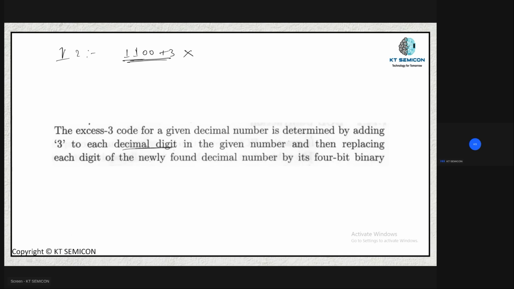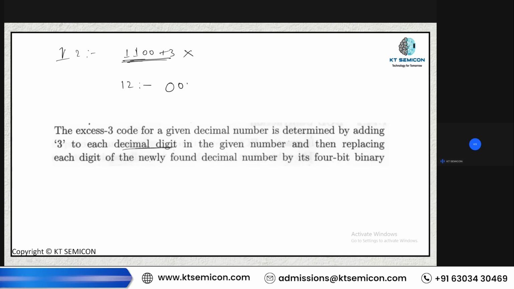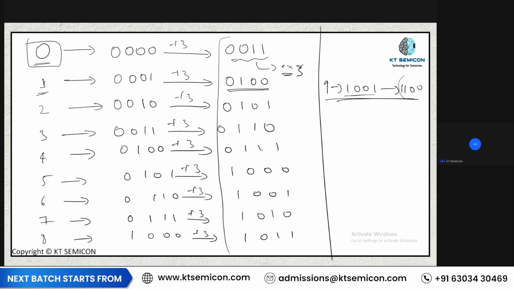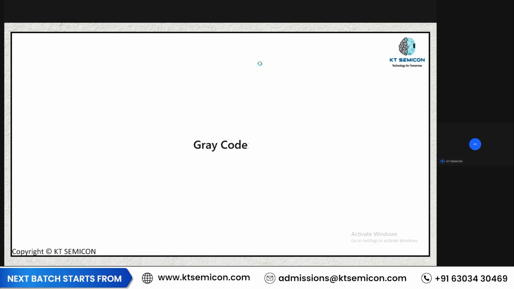First of all, I need to represent my 12 in BCD format as 0001 and 0010. Then I need to add plus 3 to both the digits, and I'm going to get my resultant, that is the Excess-3 code. So this is what I need to follow. This is my Excess-3 code representation of a particular decimal number.